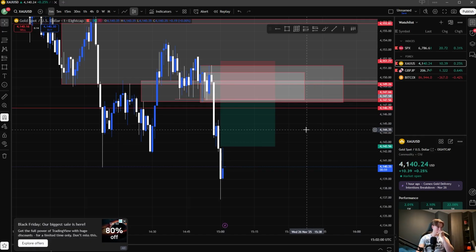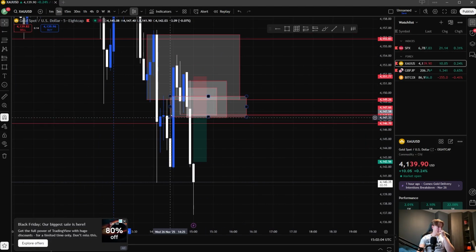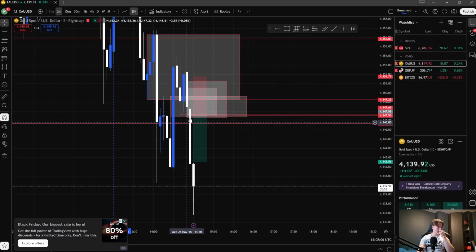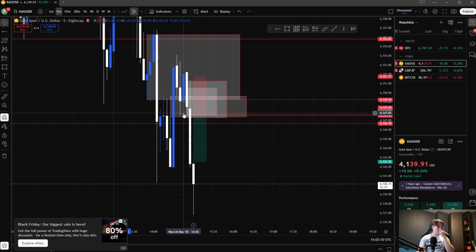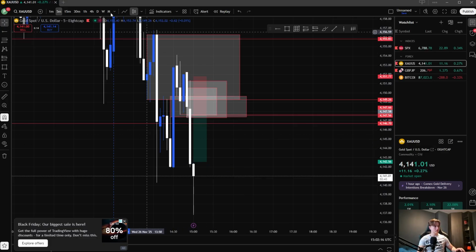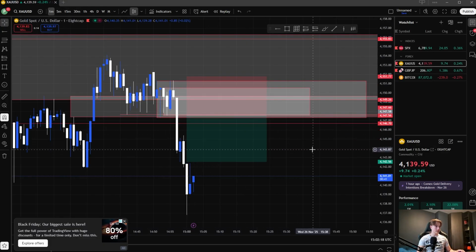I want to see a few things. On the 5 minutes, we can see it filled that break of structure over there. It broke structure over here. It actually went in there and filled the orders, so it might not be coming back.